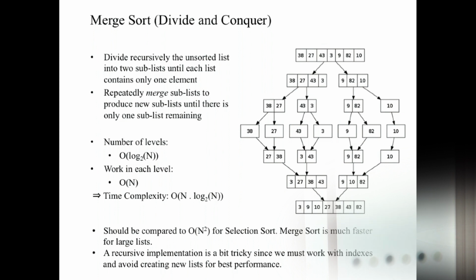But then, when we are merging them, we also, depending on the number of elements, here we have n is 1, here n is 2, here n becomes 4, here n becomes 7.